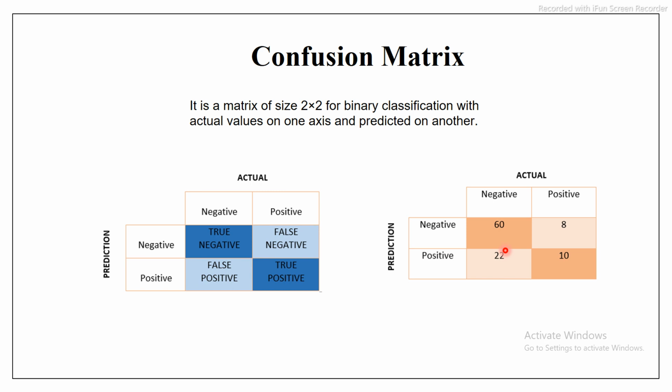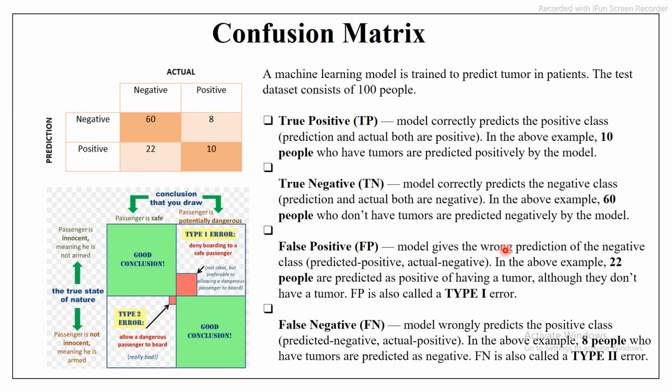If you see this, there are some definitions. Based on this confusion matrix, you will try to define what is true positive, true negative, false negative, and false positive, because this matrix is quite important if you are using any classification algorithm.